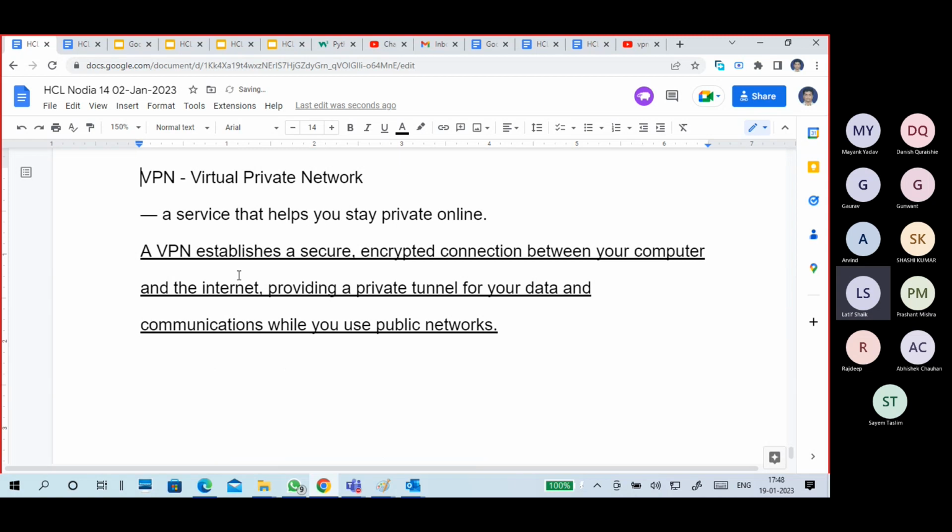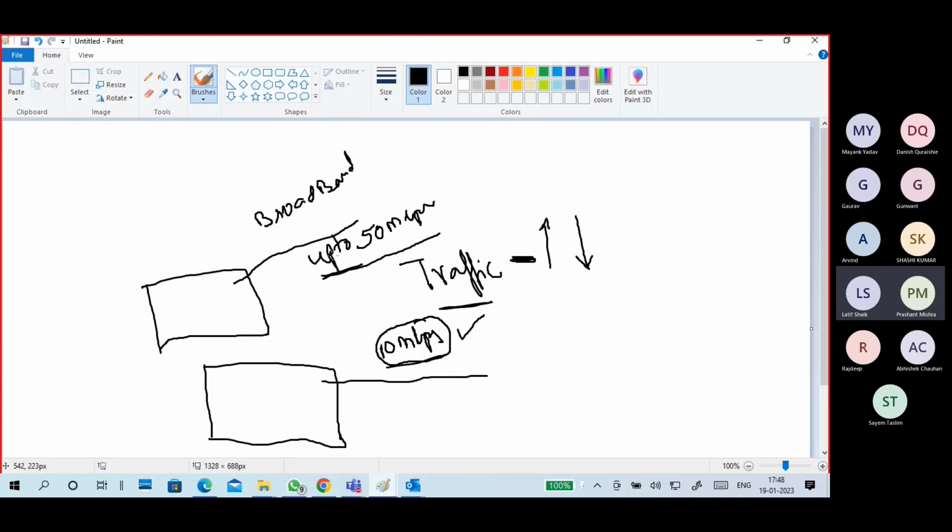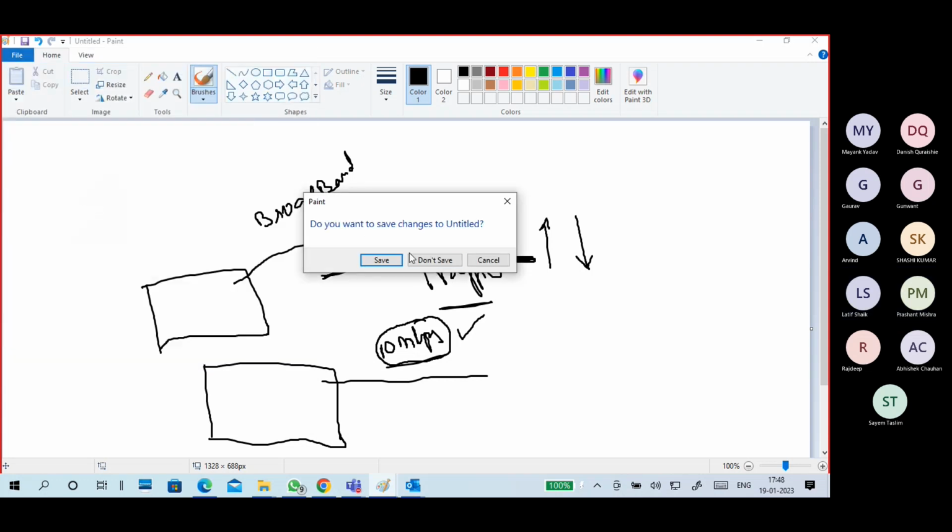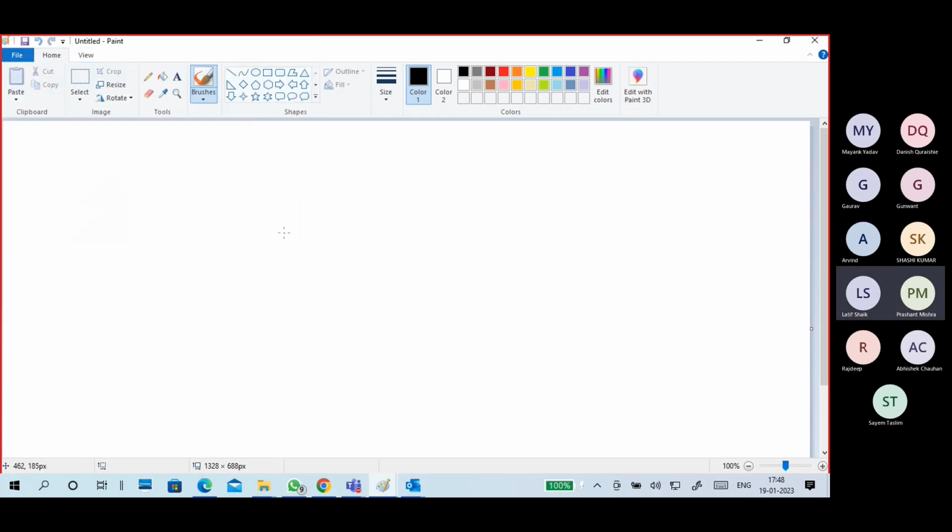If I want to access VPN, how will I access the VPN server? Why should you access the VPN server? That is the first question. What is the use of VPN? Actually, we are not accessing VPN, we are connecting through a VPN server.